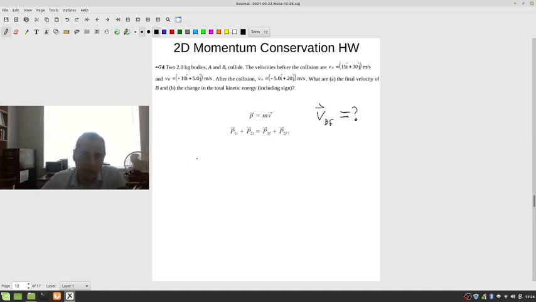And what does my momentum conservation equation look like? Well, it just looks like MA VA initial plus MB VB initial equals MA VA final plus MB VB final.